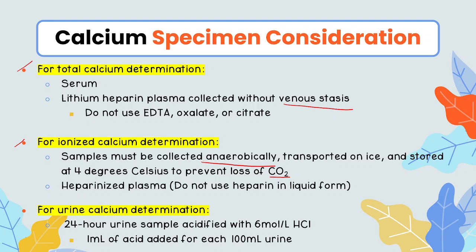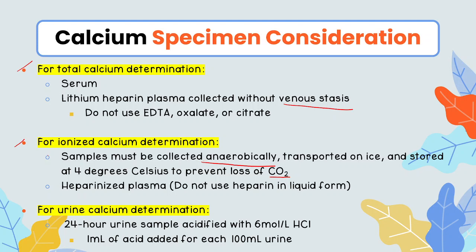Unlike kung mag syringe method po tayo, na di ba it entails for you to open pa your tube, to remove pa your needle in order to transfer your blood sample to your tube. So, grabe ka open system, grabe ka exposed. So, yun lang yung consideration dapat whenever you are asked to collect sample for ionized calcium determination.